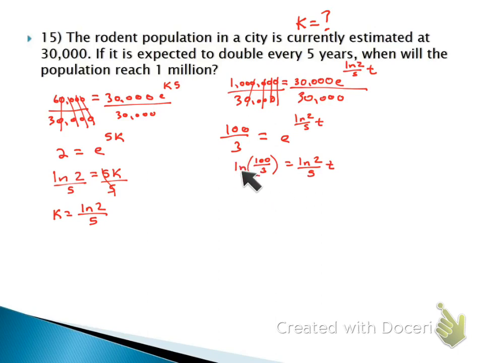So here's what you're going to do. Ready? Take your calculators out. Let's take the natural log of 100 divided by 3.